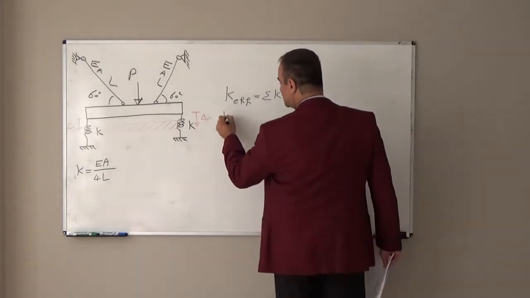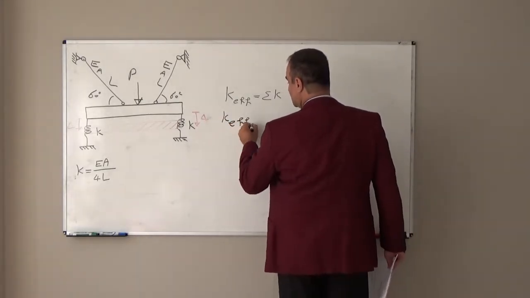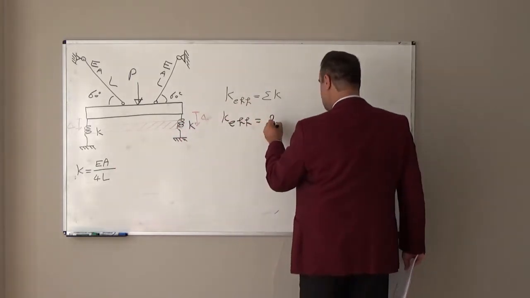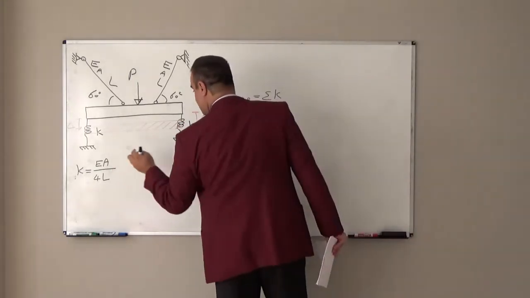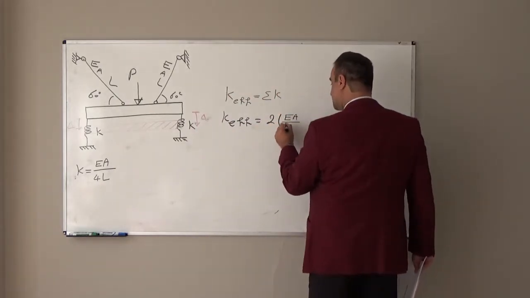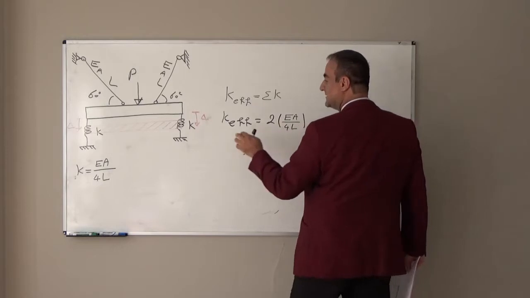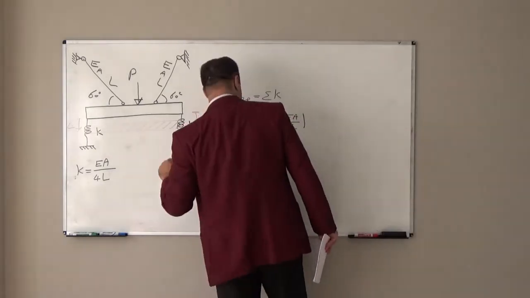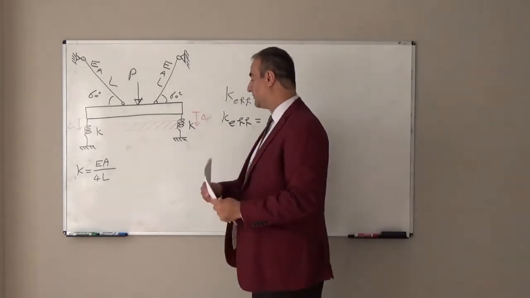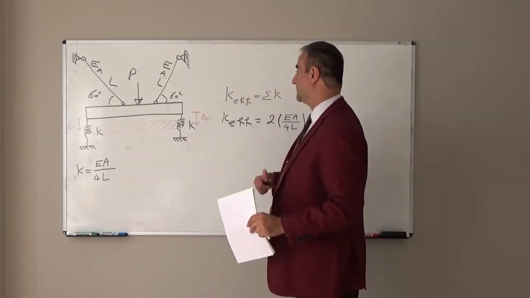We will have two springs, so 2 times this value. Each one is EA over 4L. We add together because each one is EA over 4L. I will multiply by 2.